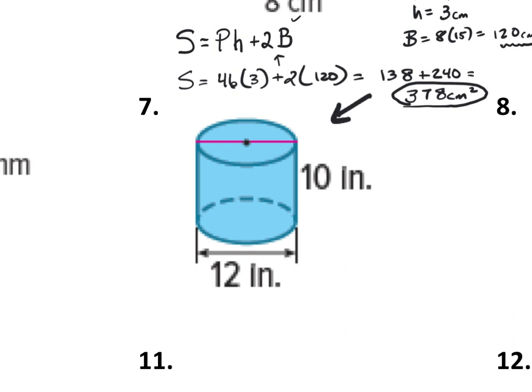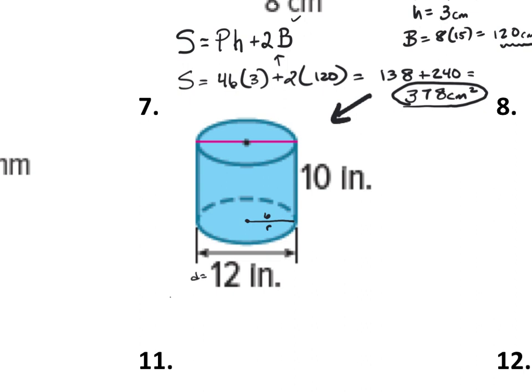So what do we need to know, or what can we figure out for this cylinder? I have a circle on top and a circle on bottom, and I need to calculate the radius. So my radius is going to be 1/2 my diameter. So if my diameter is 12, that makes my radius 6, because I am going to need that to calculate these values.